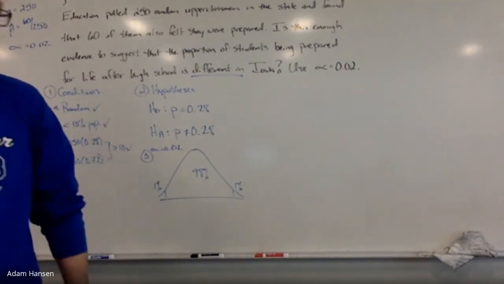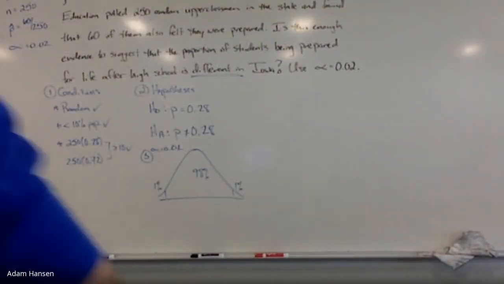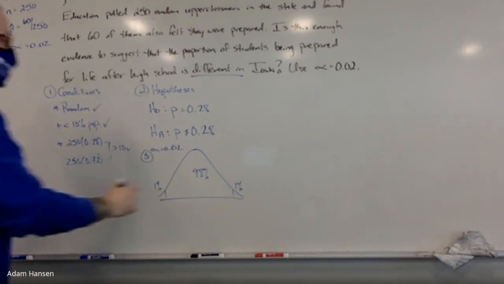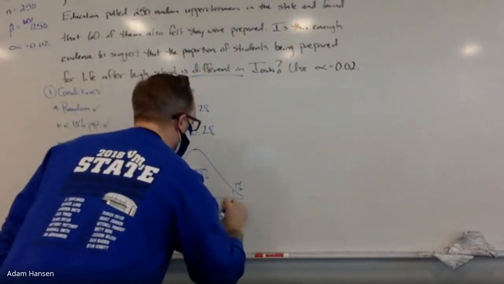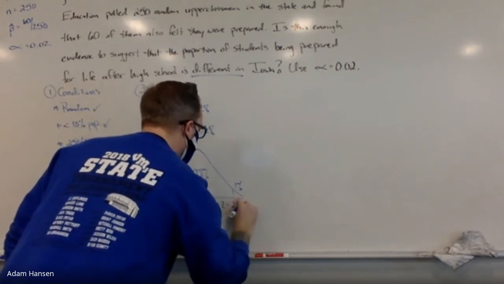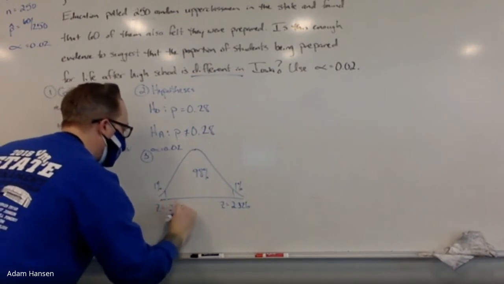Since you've got all those nice z-scores on your formula sheet, which one do I need? 2.326, right? 2% error level, 2-tail hypothesis test, uses z-scores of approximately plus or minus 2.326. So for the upper tail, it's the positive. And for the lower tail, you make it negative.